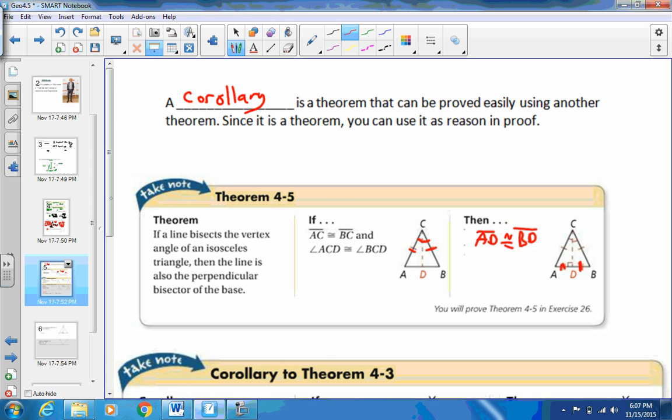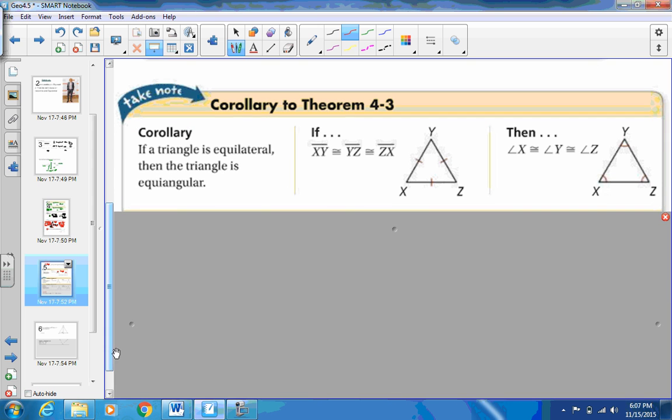Same thing is true of an equilateral triangle. All the sides are congruent, which means that the opposite angles are also all congruent. So if we look at the picture, if segment XY is congruent to segment YZ, which is congruent to segment ZX, then we have that angle X is congruent to angle Y is congruent to angle Z. So equilateral triangles are also equiangular, meaning all the angles are also congruent.